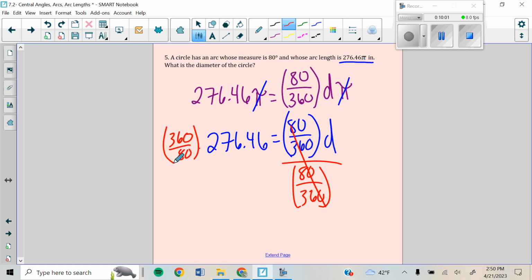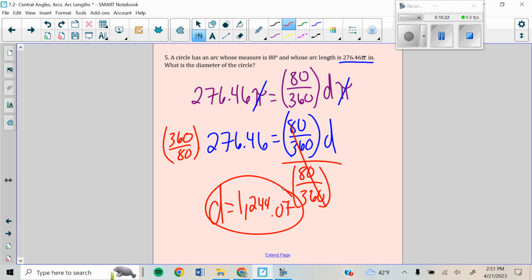This is equivalent. You just have to decide which one you want to use. So let's go ahead and round to 1 decimal place. You guys got a really small number, right? Just kidding. You have 1,244.07 inches for your diameter.